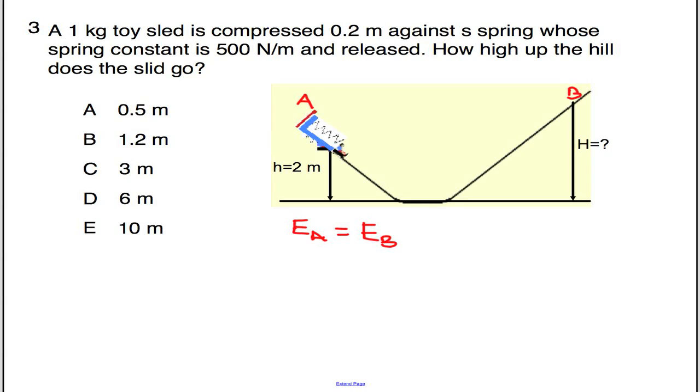Now the total energy at point A is just 1/2 kx squared. That's the total energy it has when you hold it here, and then just as you let it go, it has that energy plus, I forgot here, it has height.